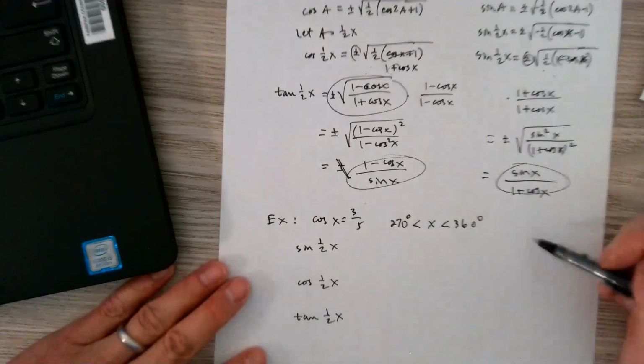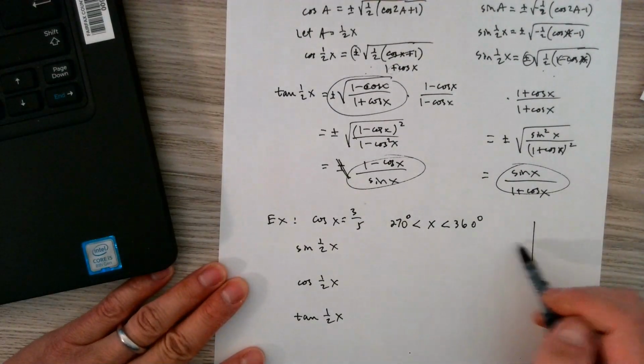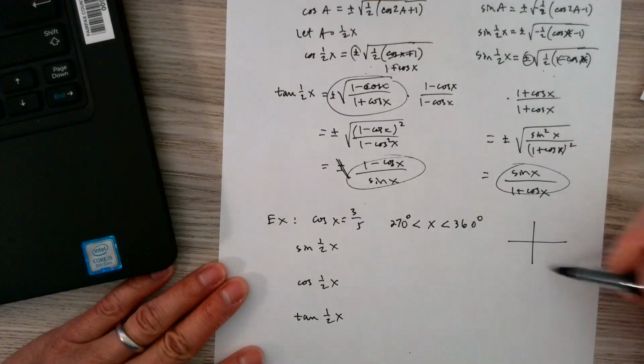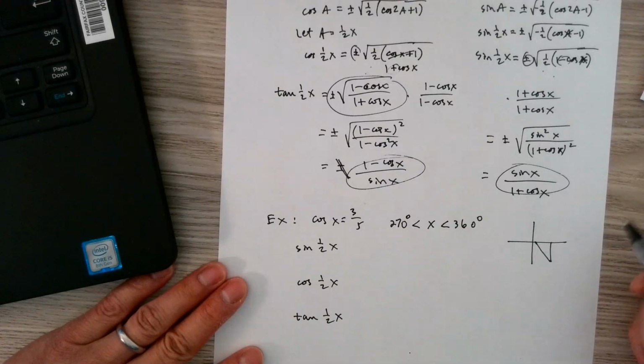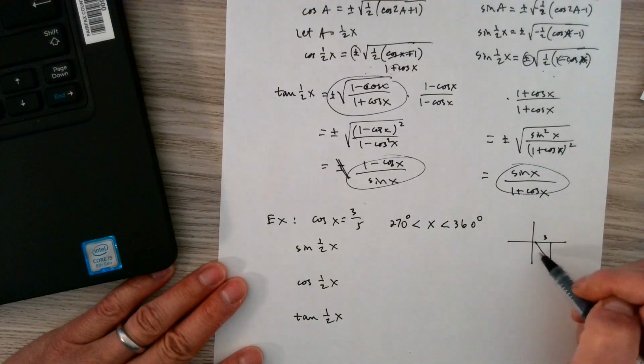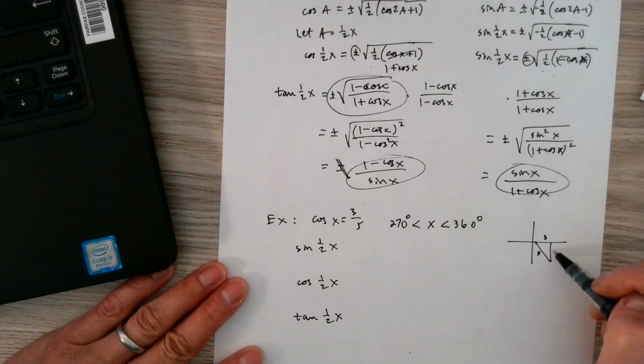Okay, first let's draw where this angle is. So it's in quadrant 4. The cosine is 3/5. So this is 3, this is 5, and this is 4.